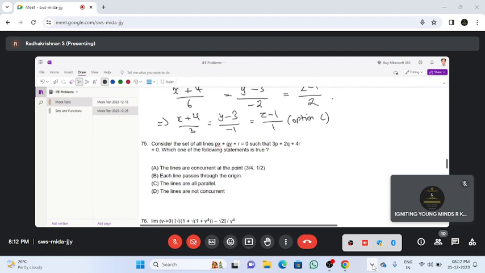Taking p and q common, I get p into x minus 3 by 4 plus q into y minus 1 by 2 is equal to 0. From this, the line points 3 by 4 and 1 by 2 satisfy it, so all the lines intersect at 3 by 4 and 1 by 2, sir. Okay, so the lines are concurrent at the point 3 by 4 and 1 by 2.